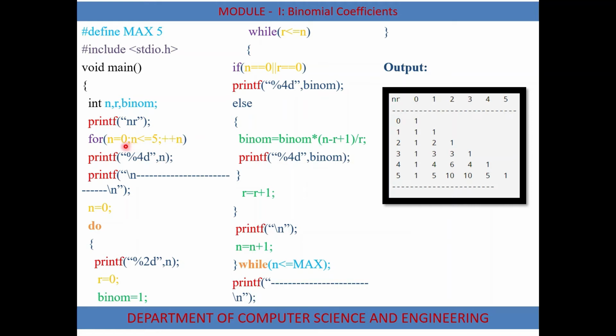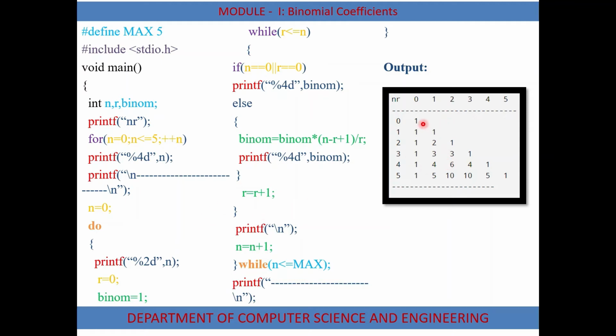So the first row starts from 0 to 5. 4d means the width of the number printed is 4 spaces, formatting and aligning the output to 4 digits. So here print 0 to 5. Then put this dash line to separate n and other values.